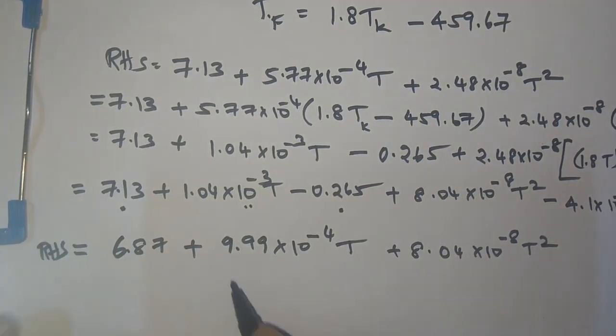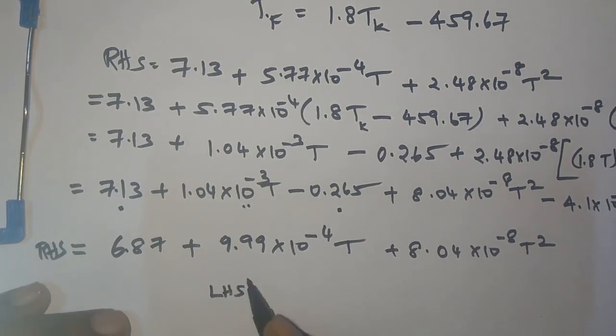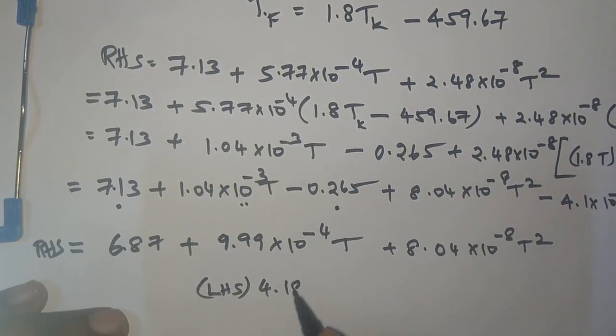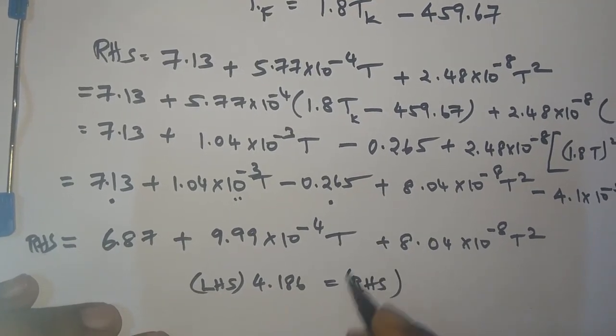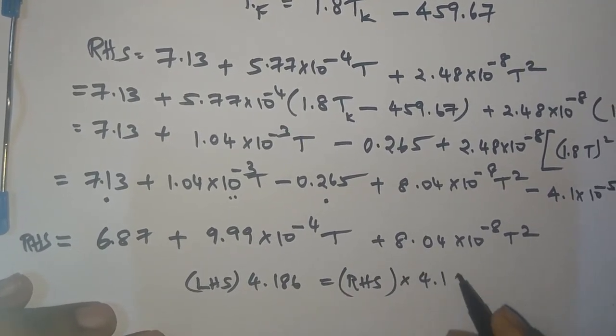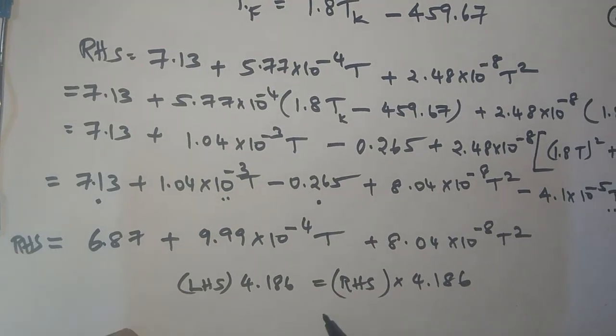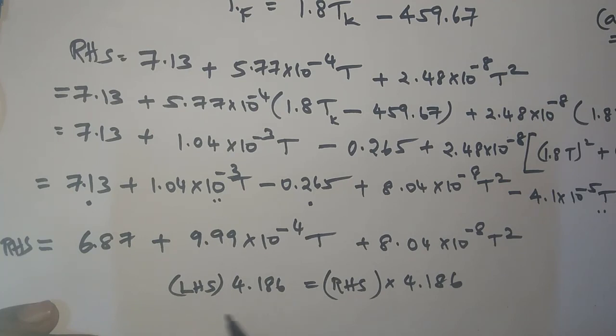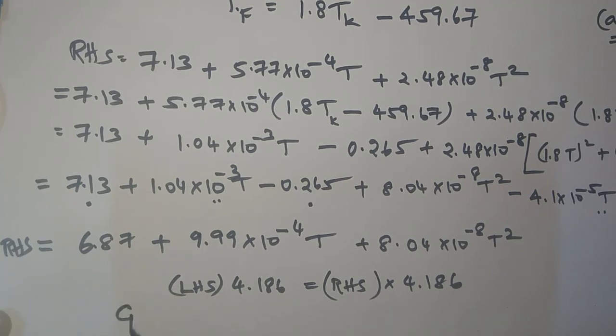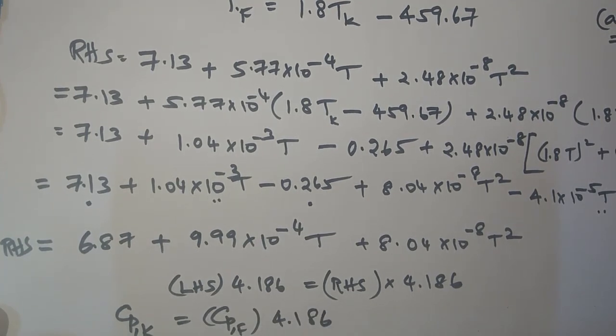Okay, as I said, from the left hand side term we are multiplying by 4.186, and the right hand side term also we have to multiply by 4.186 to get the required units. So that is, when you multiply this, Cp in terms of temperature unit in Kelvin is Cp in Fahrenheit multiplied by 4.186.